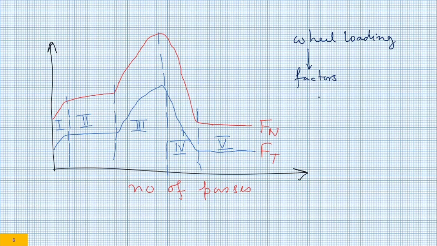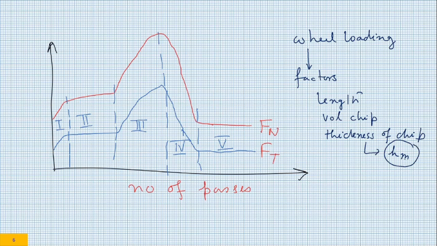First and foremost, we talked about length of chip, volume of chip, and thickness of chip. Thickness of chip, uncut chip thickness is h_m. This is not cut chip thickness, this is uncut chip thickness.